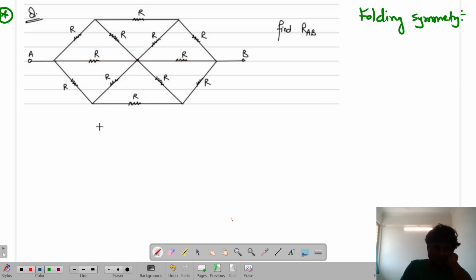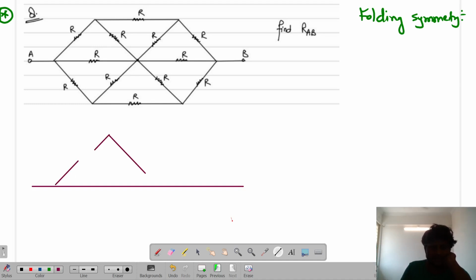Okay, so I'll draw the condition that we can see that between A and B, I have the same potential. So this resistor, then I have this resistor. I have this kind of circuit, isn't it? I have considered it this way.